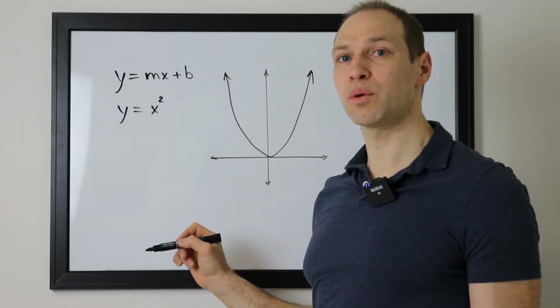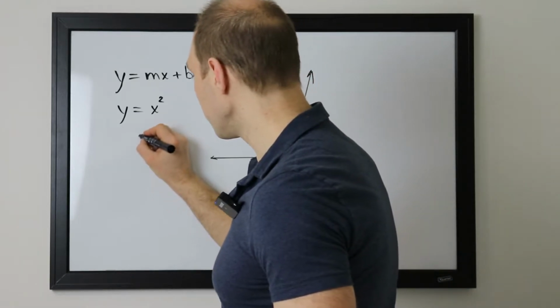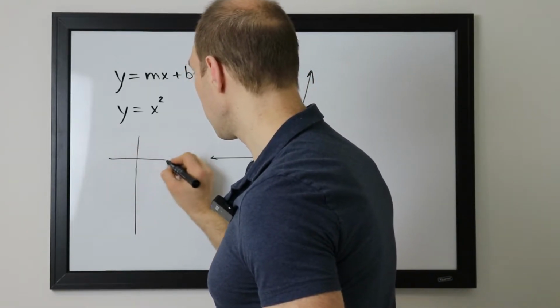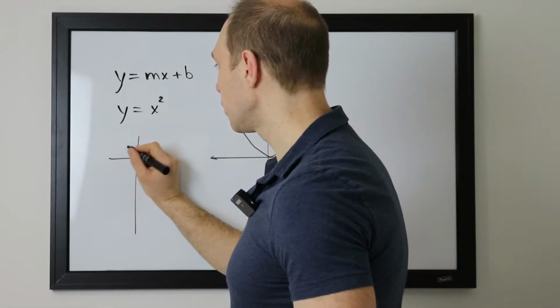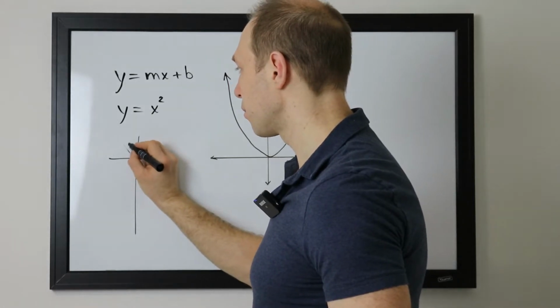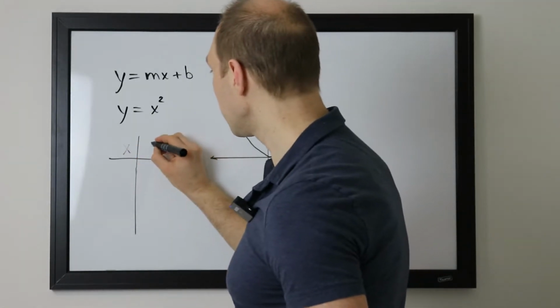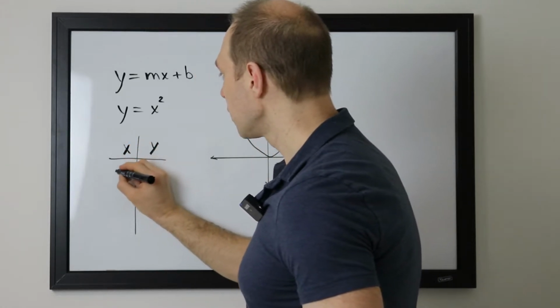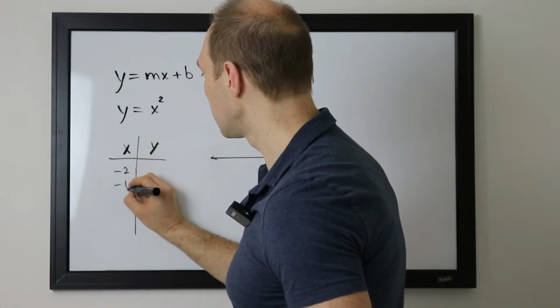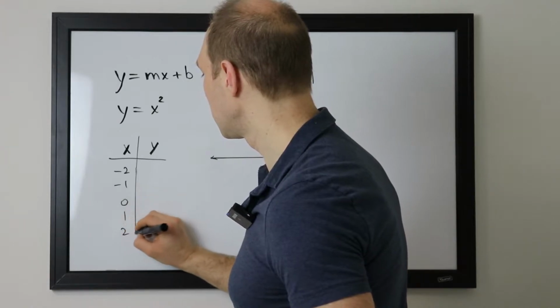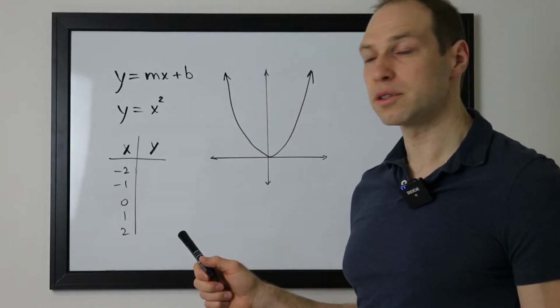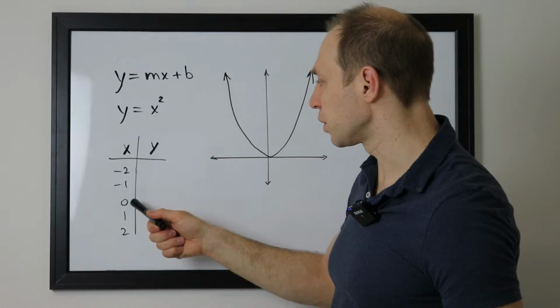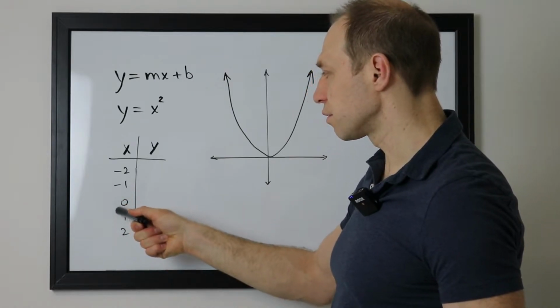Now, what happens to a number when we square it? If we create a table of values, with my x values on the left side and my y values on the right side, let's see what happens to our y values when we explore only positive numbers for now.